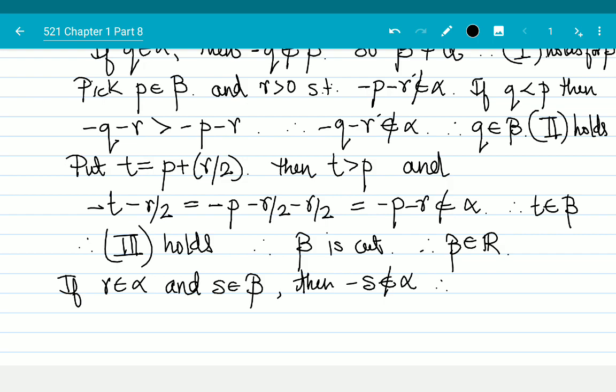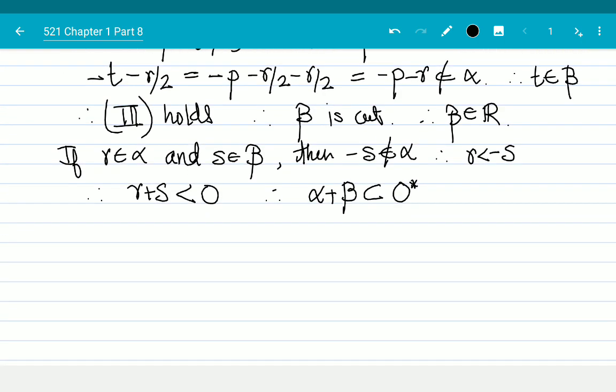And therefore, R is smaller than negative S, which implies, therefore, R plus S is smaller than 0, and therefore, by definition, since this is true for every R and every S in alpha and beta respectively, alpha plus beta is actually a subset of 0 star.